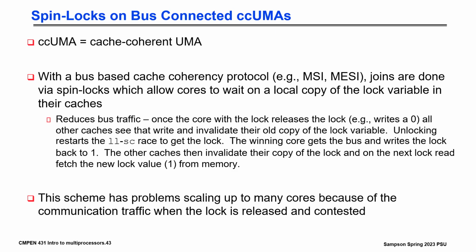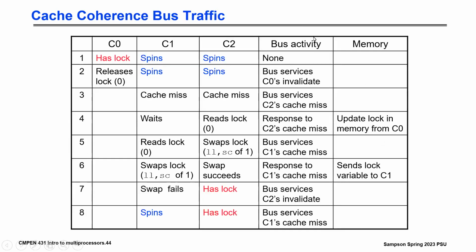And I'm just going to claim, and you can go read on your own, if you're looking at a directory-based or other sort of more scalable system, any particular lock location would still have this ordering property. So anything where you're dealing with one lock is just as simple to understand. If you start thinking about ordering among multiple locks on a system that doesn't have global broadcast, things can be a little more interesting.